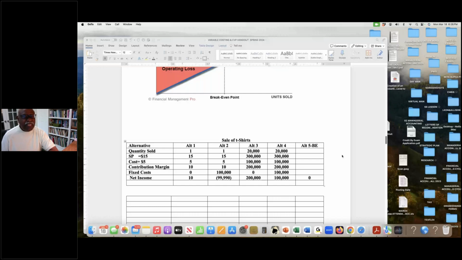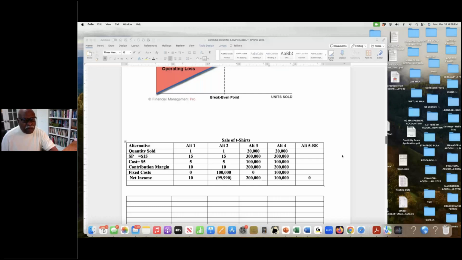Okay, but the question is going to be about, let me just look at these. You remember the first two scenarios, correct? Where we sold just one item. And let's just look at scenario 3. In alternative 3, the quantity sold was 20,000. And so the selling price would be 20,000 times 15, 300,000.